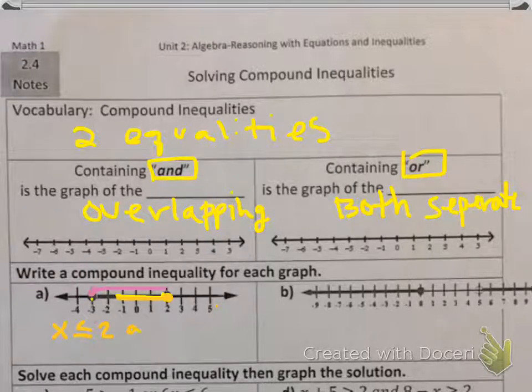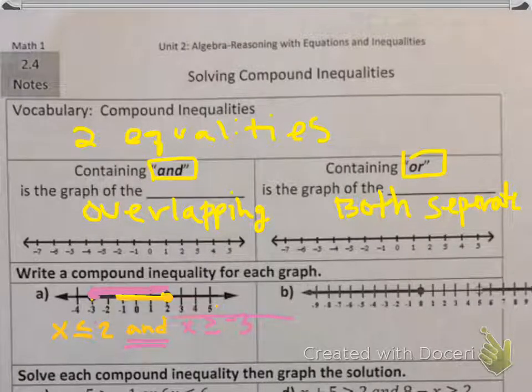Okay, and then because we know it's an overlapping, our next one is going to be and we're going to write an inequality for the graph that starts here at -3 with a solid dot and goes in the greater than direction. So x has to be greater than or equal to -3, because it was solid. So again, that and right there tells me that I can only keep the part that overlaps on those. So that's how I would write an inequality for that graph.